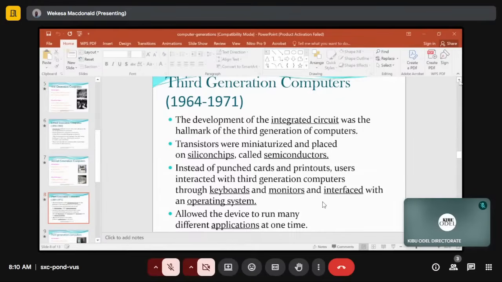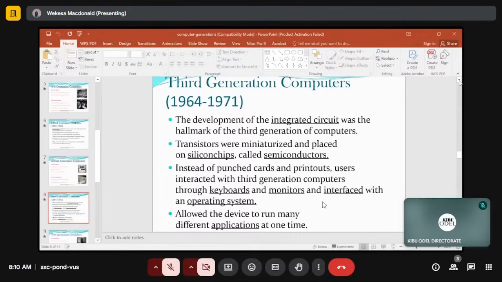Hizi vitu when in research, I go and find out what's a silicon chip, what's a semiconductor, what's an integrated circuit. Unajua ukirudi ushago December unasema you see third generations were using integrated circuit on a semiconductor. Watu ushago wanasema hey bana, huyu jamaa kwani ameiva aje bana?